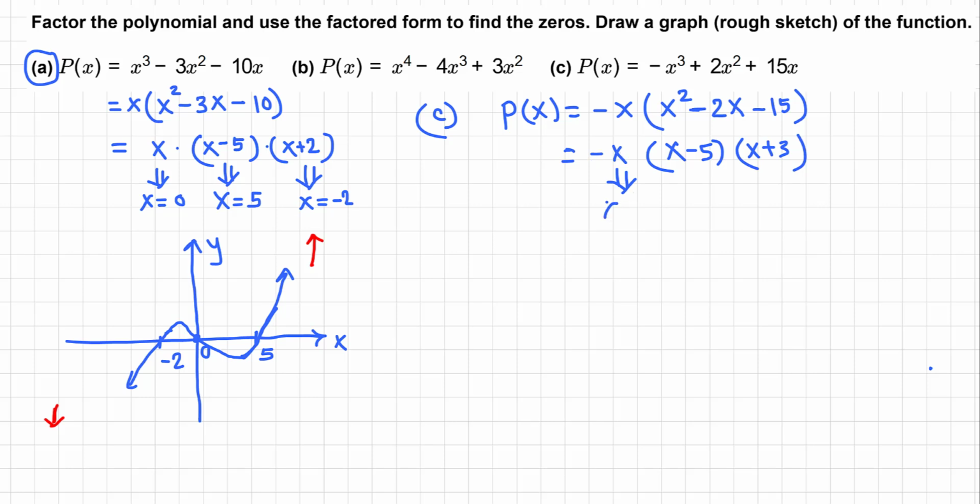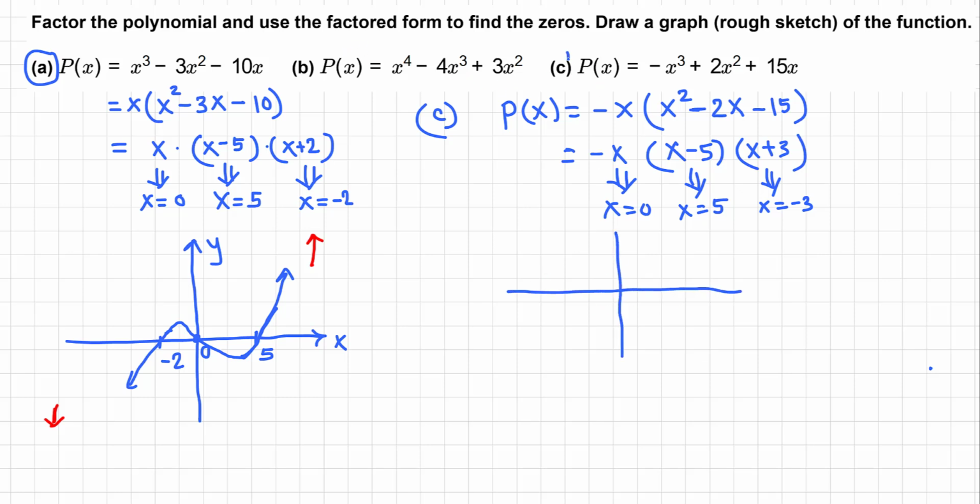So x equals 0, x equals 5, x equals negative 3. Like part A, these are not repeated. In part B there was 0, 0, so the graph would just touch and go back. But here they'll cross the axis at 0, 5, and negative 3.